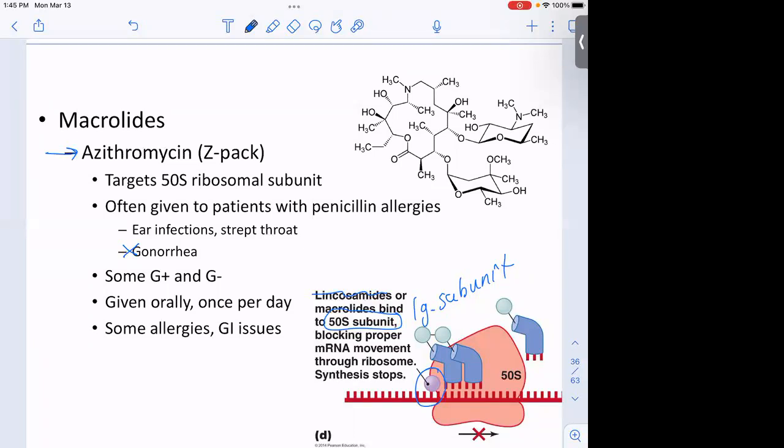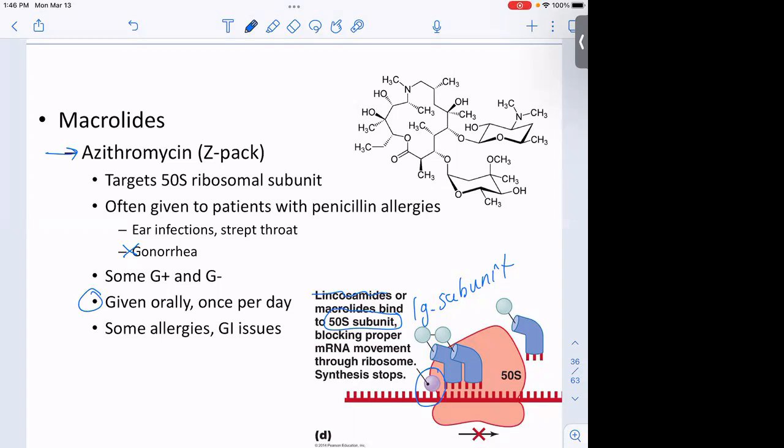Oftentimes, if a patient's allergic to penicillin, that's when the doctor will prescribe it. It's also called Zithromax or a Z-Pak. And this drug is really kind of nice because we can take it orally and you only have to take it once a day. It comes in a pack of 5 pills, take 1 pill a day.